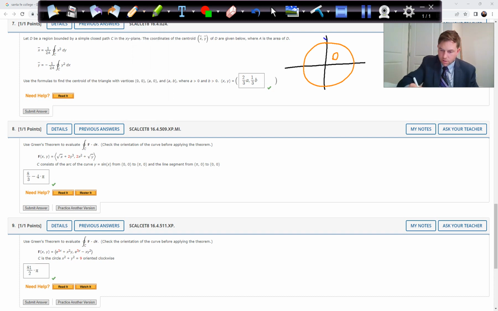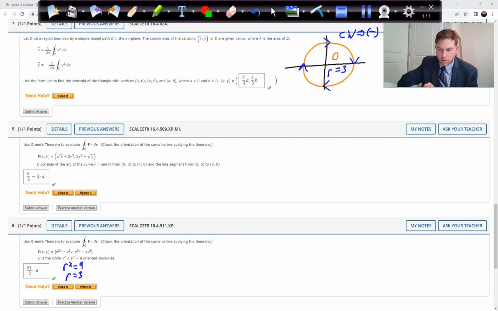Clockwise, so it is going this way. So because of that, we are going to pick up a minus sign in front of our double integral, and this is a radius 3 circle. So let's also record that. So x squared plus y squared is r squared equals 9, therefore radius is 3.